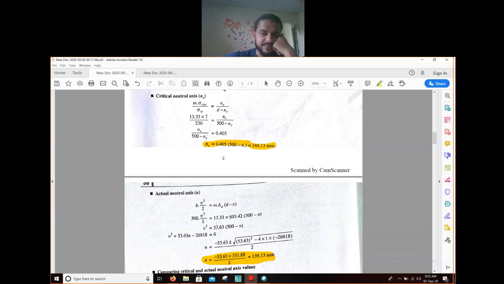Boruapang, can you tell me what is the type of section now? If the depth of critical neutral axis is more than the depth of actual neutral axis, what will be the type of section?